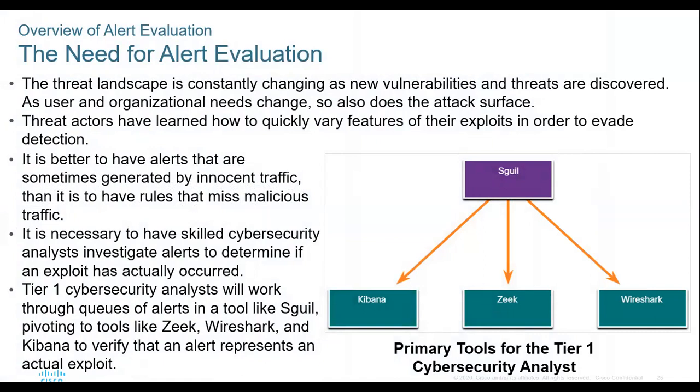Threat actors have learned how to quickly vary features of their exploit in order to evade detection. Okay, people are coming up with different methods in which sensors will not be able to detect them. They use some form of stealth method in which they can infiltrate structures or systems.